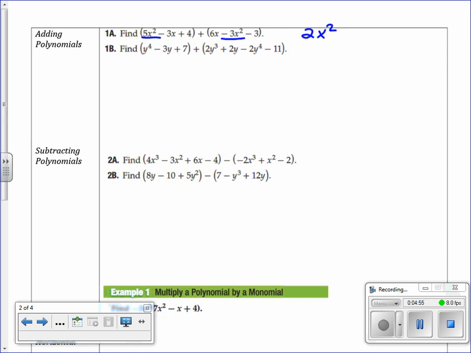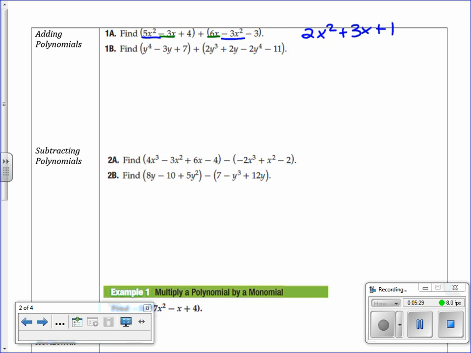Next I have my negative 3x and I have positive 6x. So negative 3 plus 6, that's where I'm going to get 3x. And then finally I have 4 minus 3, constant goes at the end, so I would have plus 1. And that's all I'm doing when I'm adding my polynomials together. Go ahead and try the next one on your own.